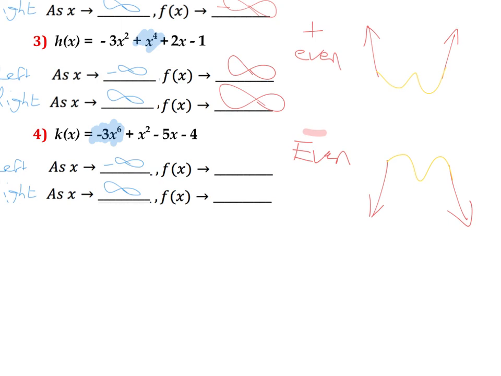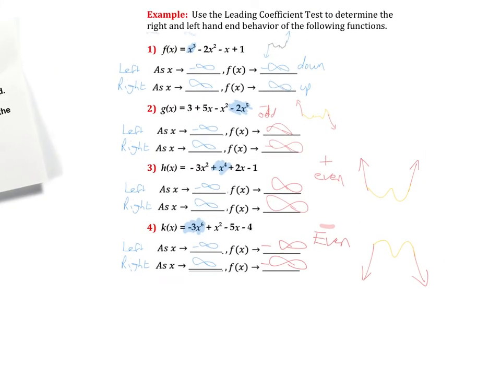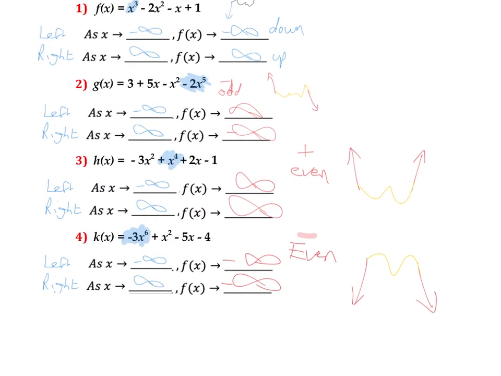So on both the left and the right side of this, our arrows are pointing down. That means our y value is decreasing. Our y value is falling. The function value is going downward forever. So we would say f of x approaches negative infinity. And since it's even, both of these blanks will match. So just to recap, on the even functions, the end behavior does the same thing.